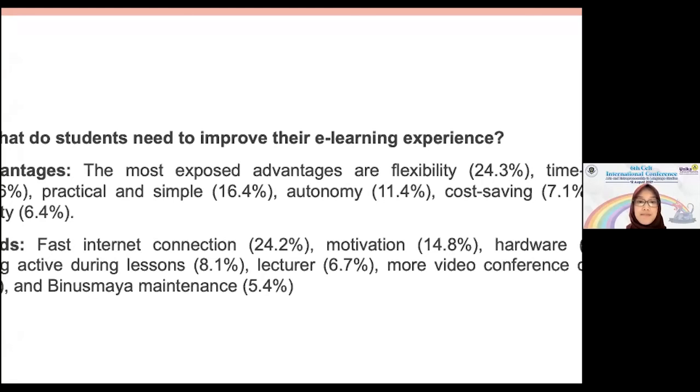And students need fast internet connection, such as free cellular data aid, motivation, such as determination, the right intention, and high concentration, hardware, for example, a personal computer, phone, and laptop, to be active during lessons, lecturer, such as interactive lecture, feedback, and many more. And lastly, more video conference classes and Binus-Maya maintenance.